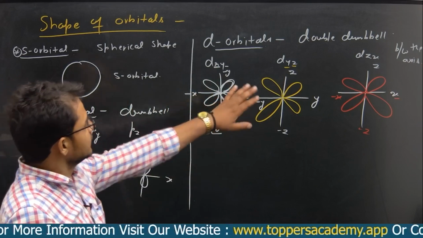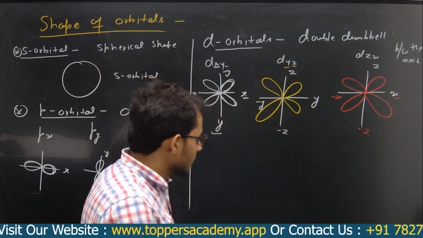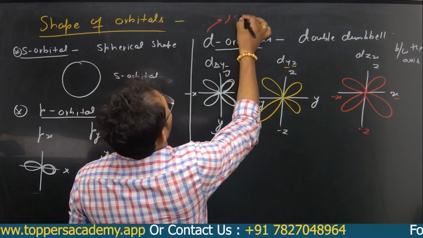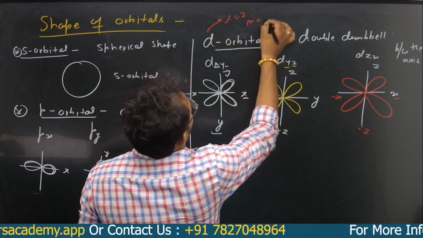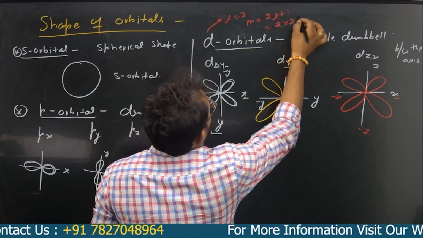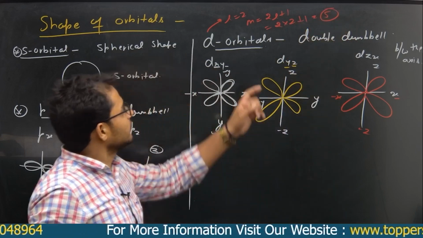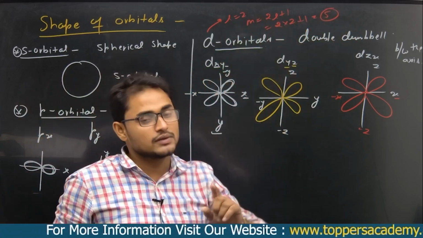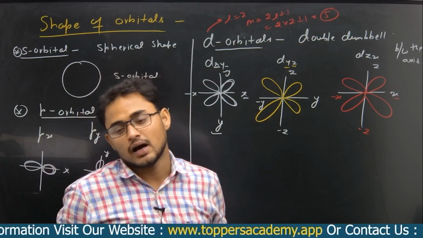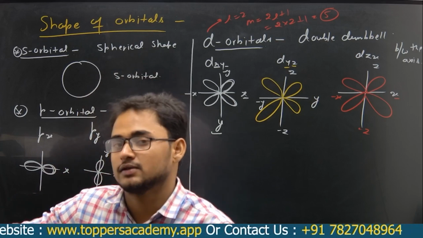So these are three orbitals, but there are actually 5 types of orbitals, because for d, l is equal to 2, and the possible values of m are 2l plus 1, so with l as 2, there are 5. Because the value of m is 5, there are 5 possible directions for the orbitals of the d subshell, right?